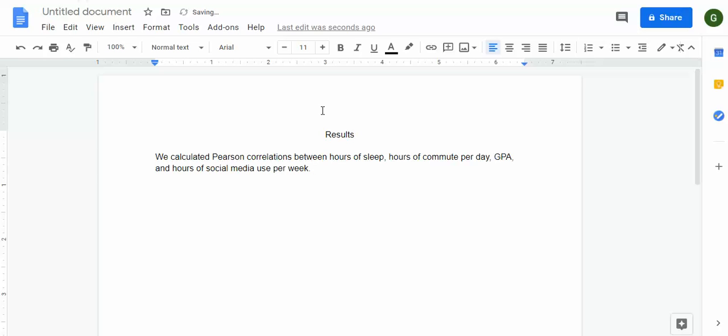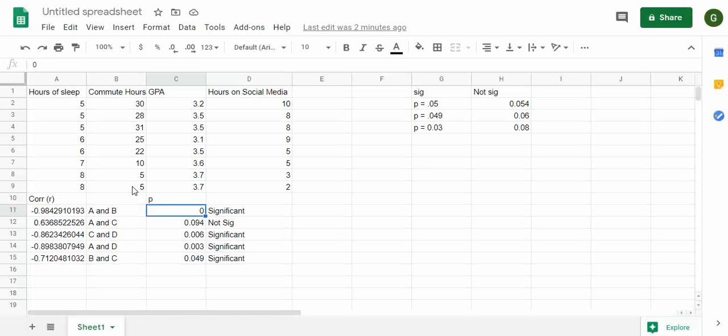It says what you calculated, and now in the second sentence you'll list out the significant positive correlations. So let me look back at my results here. So this one is a negative number. This one is positive. It's the only positive one.